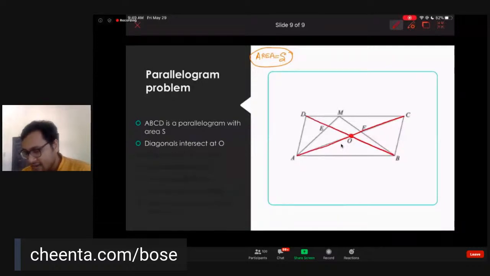The diagonals of the parallelogram intersect at the point O.